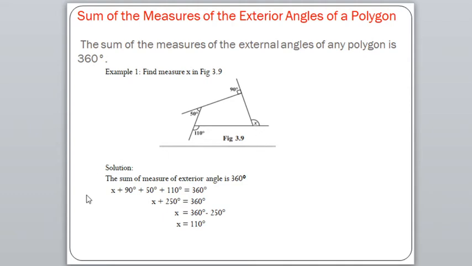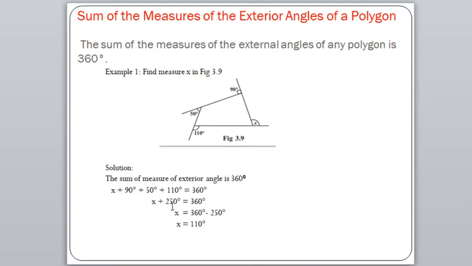The solution: we know that the sum of the measure of exterior angles is 360 degree. So the sum of all these angles equals 360 degree. That is x plus 90 degree plus 50 degree plus 110 degree equals 360 degree. 90 plus 50 plus 110 is 250 degree.